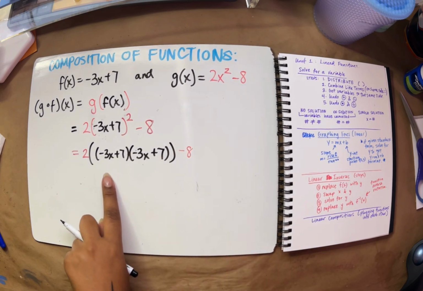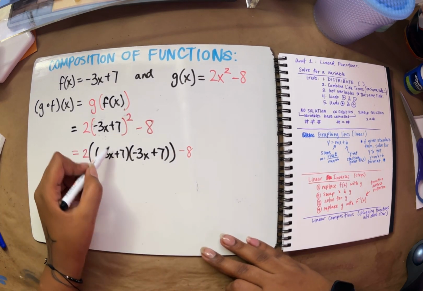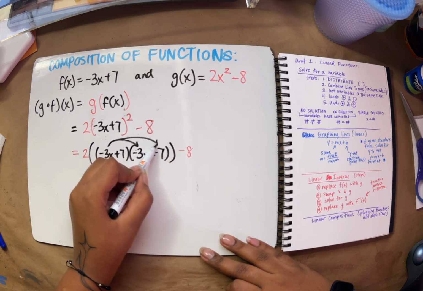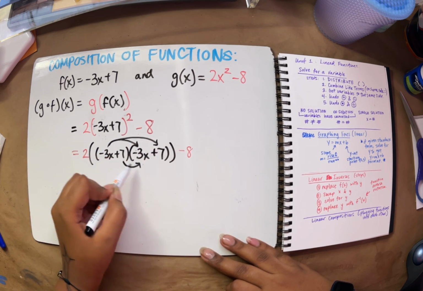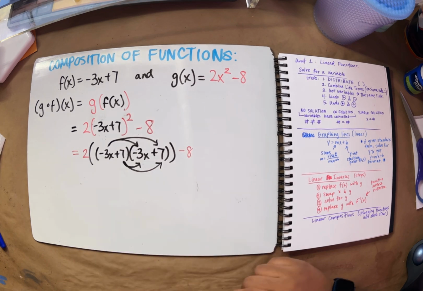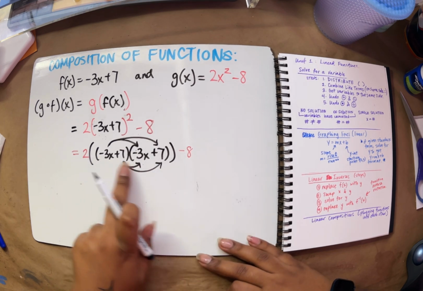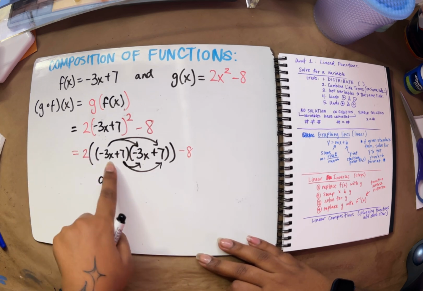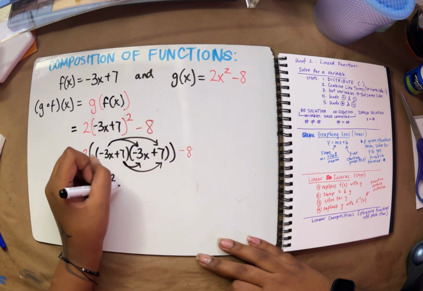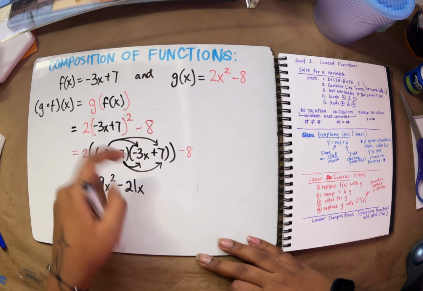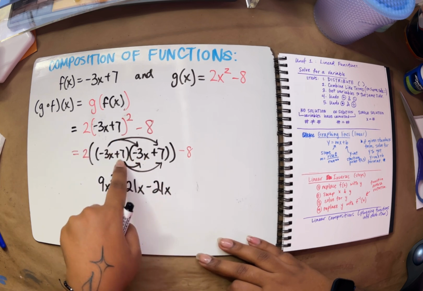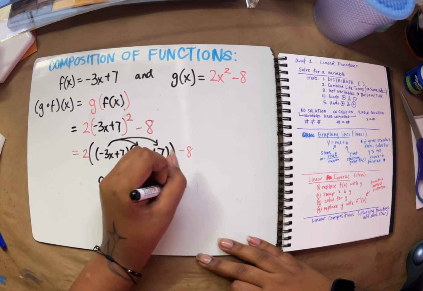Now we have to FOIL. We have to distribute. Negative 3x multiplies to negative 3x and 7. And then 7 multiplies to negative 3x and 7 as well. So negative 3x times negative 3x is 9x squared. Negative 3x times 7 is negative 21x. 7 times negative 3 is negative 21x as well. 7 times 7 is 49.